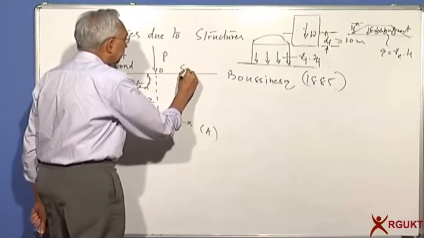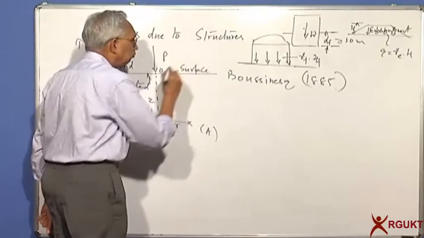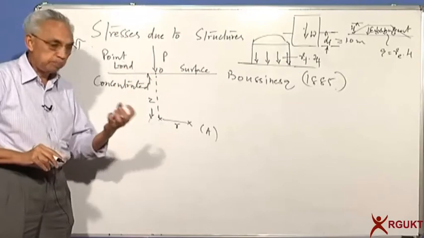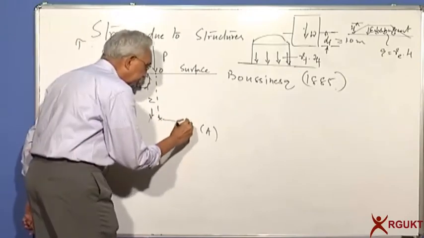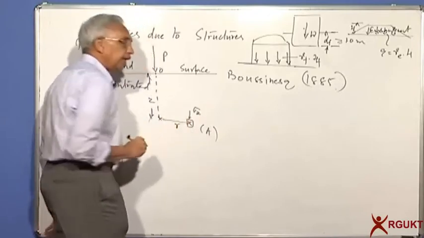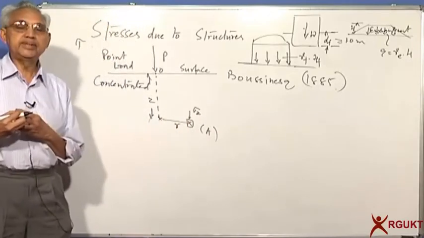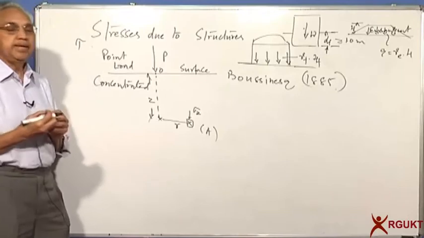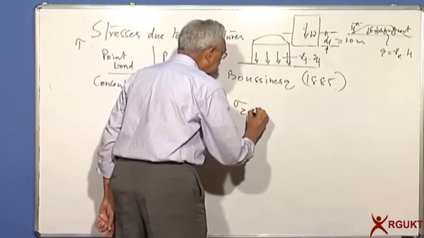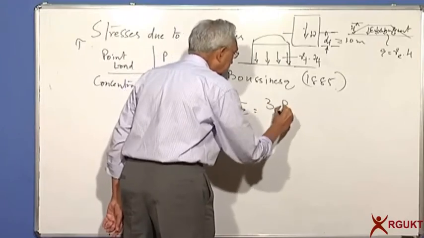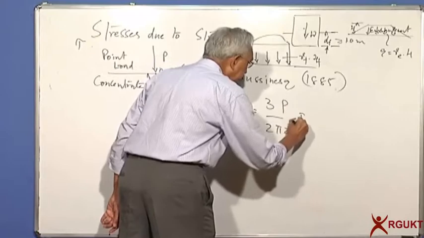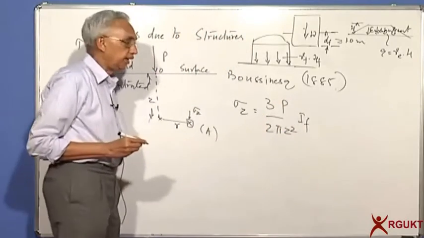Please remember, this is the surface of the ground. And if you apply a concentrated force P, what will be the stresses? What will be the various stresses? In particular, we would like to know what is the increase in vertical stress. He gave a very simple solution for the vertical stress, which is equal to 3 times P by 2 pi z square into some influence coefficient, IF.